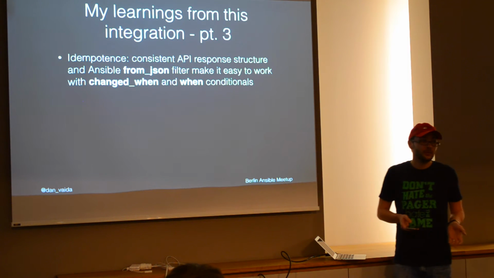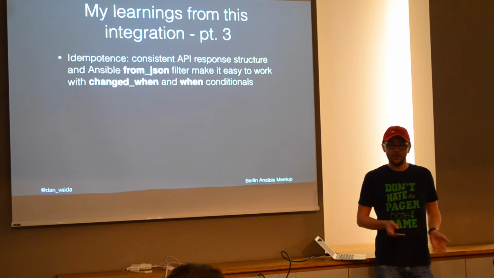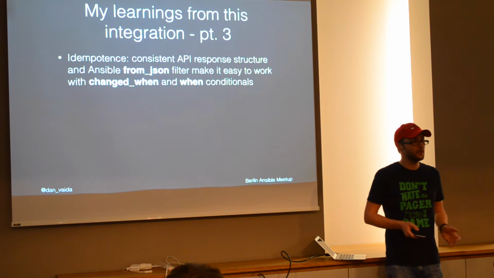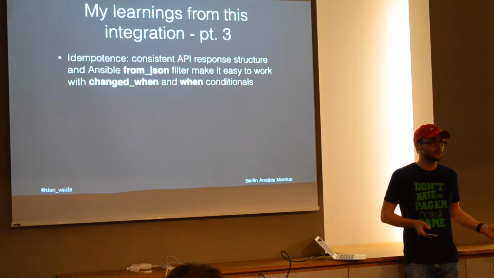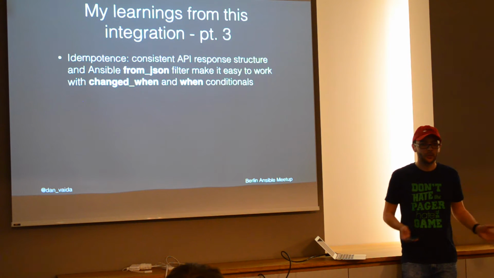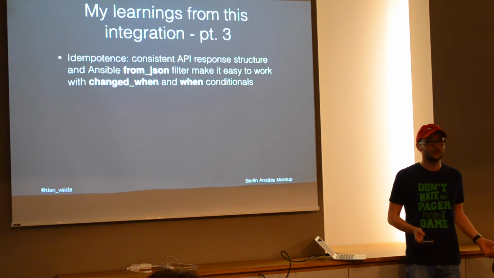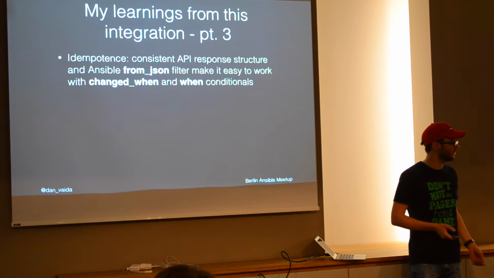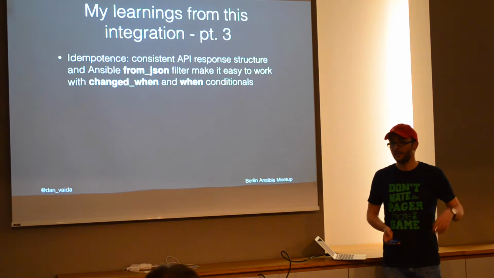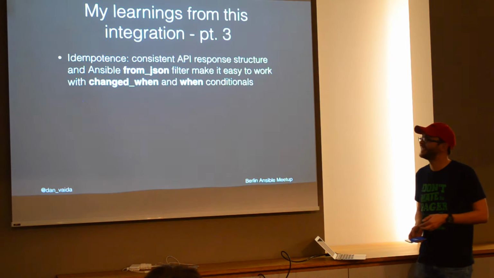The from_json filter, I think you guys know it, or if you don't, look it up. to_json, from_json, these are vital Ansible tools, so to say, when we interact with anything that comes within JSON. So if it's an API, it's most likely going to be JSON, hopefully some XML SOAP as well.